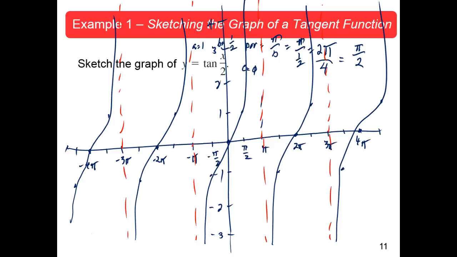Plus 1 here, minus 1 there. Plus 1 there, minus 1. Just go down the way like that. Okay? And then connect the dots. Don't ever cross or touch a vertical asymptote. Stay in between the vertical asymptotes, and you've got your little wavy tangent lines everywhere.